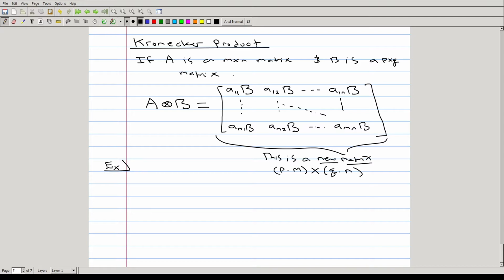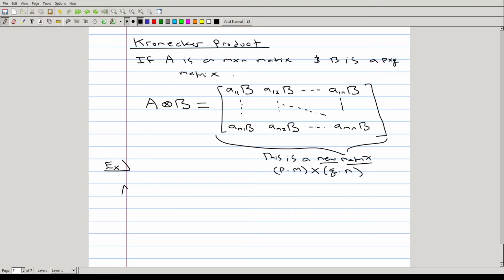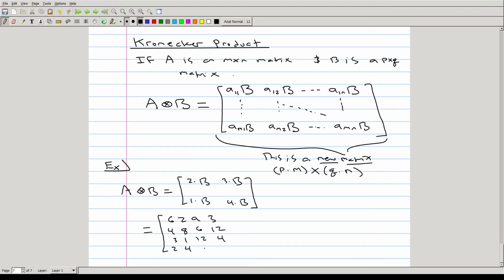So for example, if A is the matrix from the previous example, 2, 3, 1, 4, and B is 3, 1, 2, 4, the Kronecker product is going to be 2 times B, 3 times B, 1 times B, and 4 times B. Which is going to be 6, 2, 9, 3, 4, 8, 6, 12, 3, 1, 12, 4, and 2, 4, 8, 16.